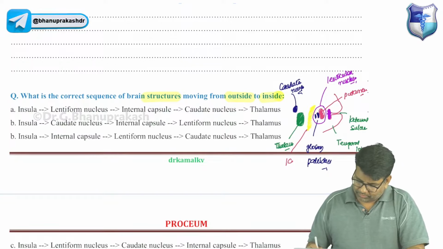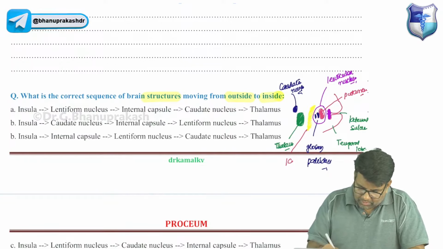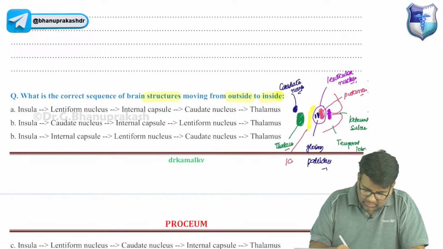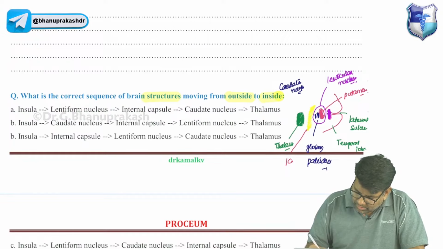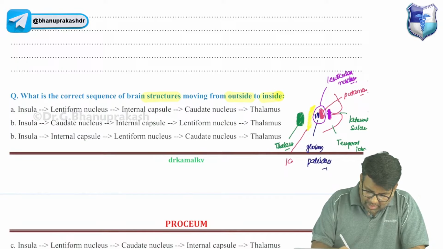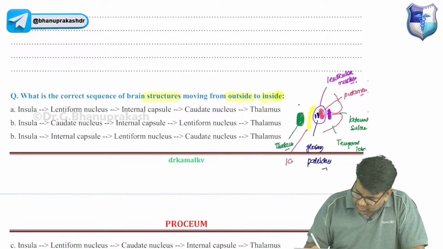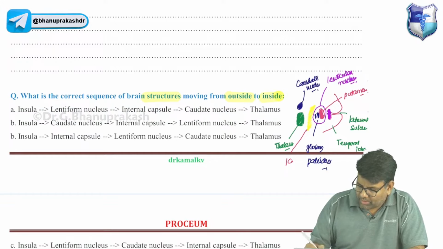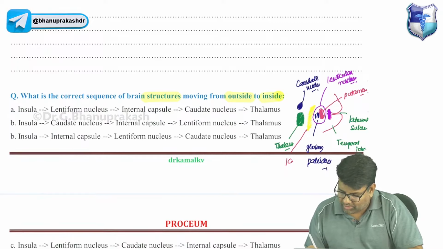So you can just keep it superior and lateral. So we are going this way. Firstly, we will have the insular cortex.